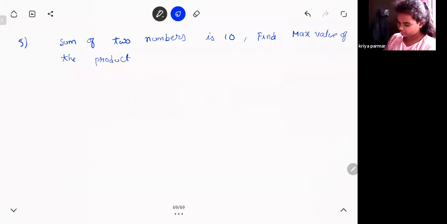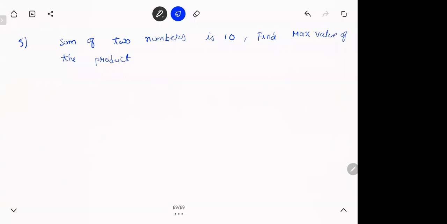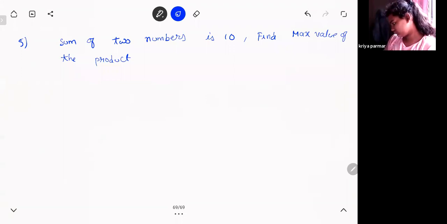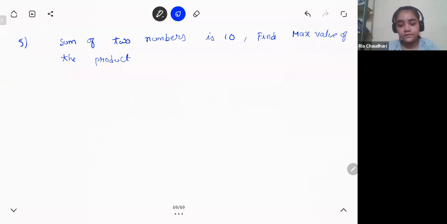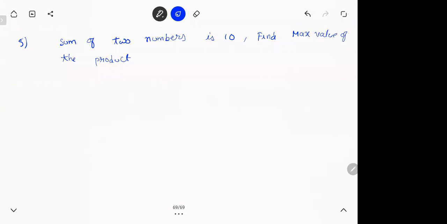So 25. Let's see. Sir, 25. Yeah. If you see, this is the same as the previous question. So perimeter ke place mein sum is, let x plus y be 10.